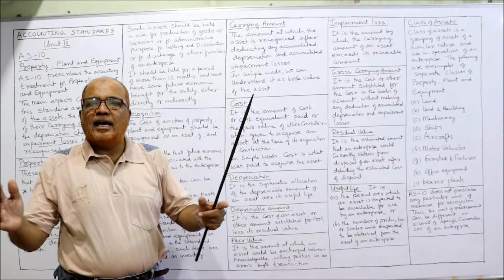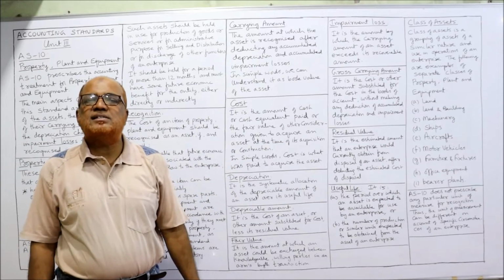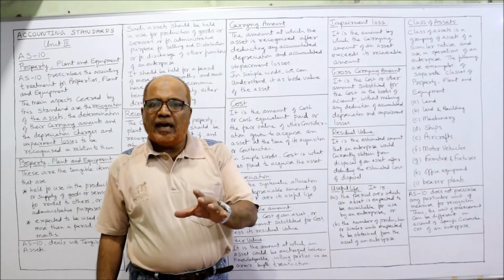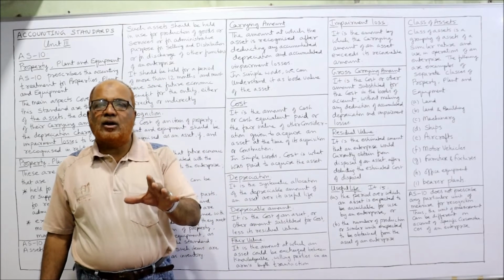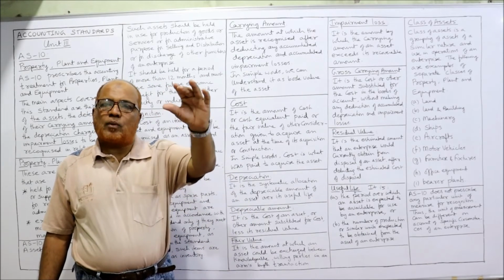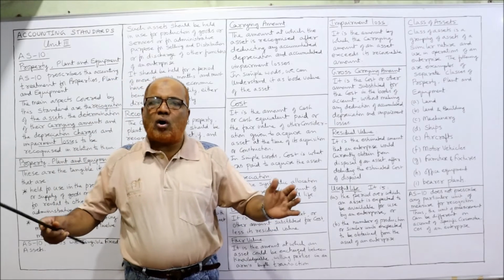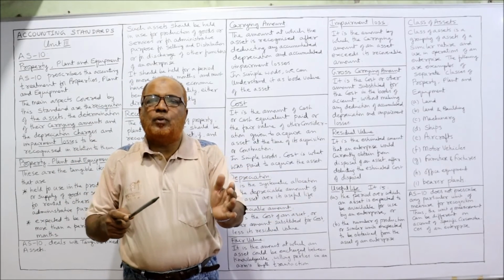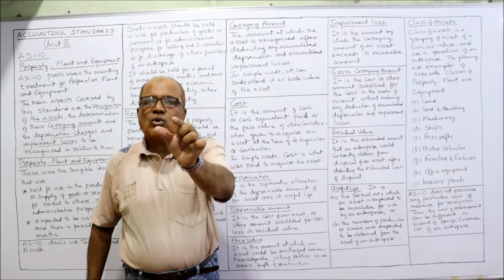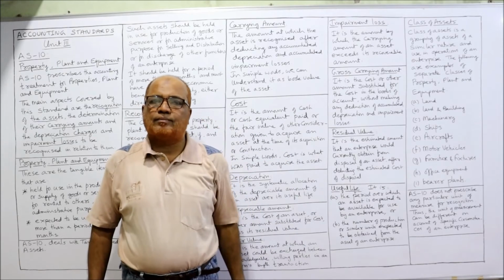The next one is class of assets. Class of assets means a group of assets of the same nature. AS10 doesn't require that depreciation should be provided on individual asset. Now AS10 requires all similar assets to be put under one head, and that is called class of assets.